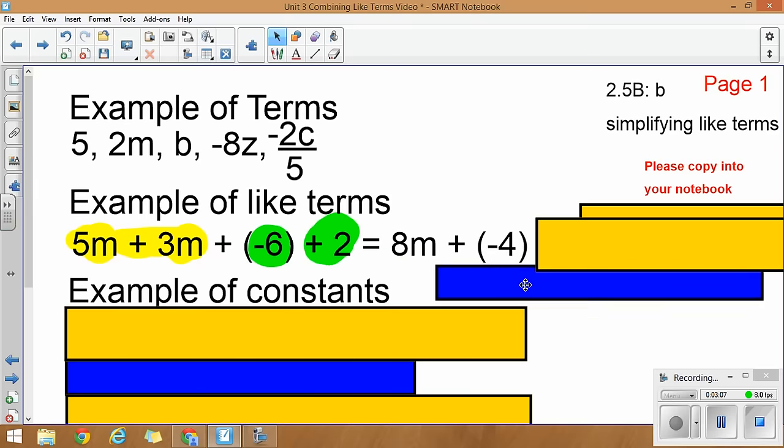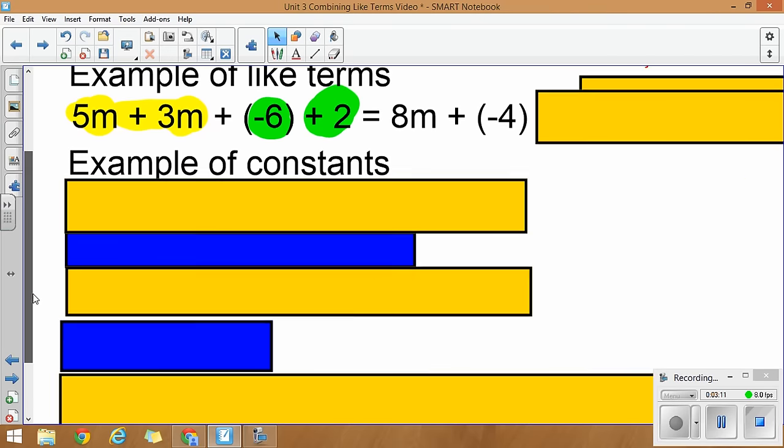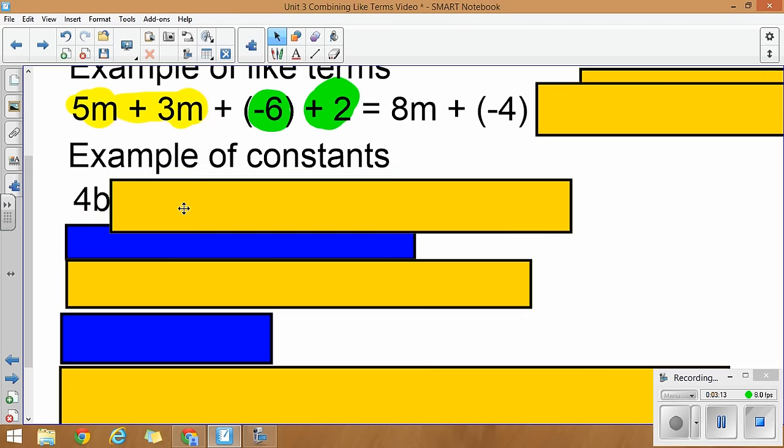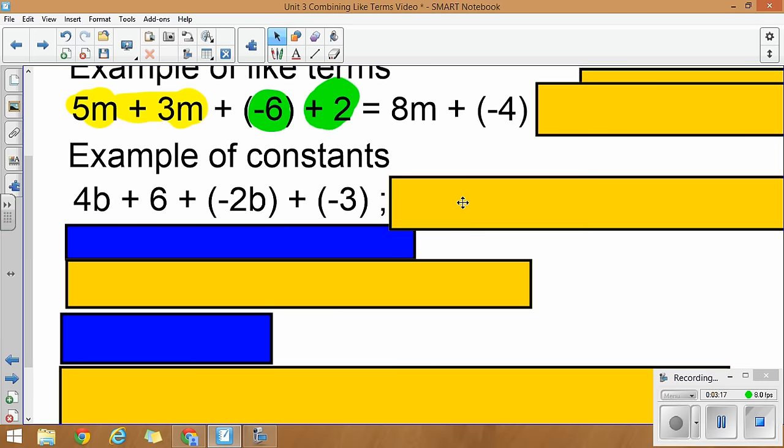Our next word is an example of constants. Okay, so copy this example down. So we have 4b plus 6 plus negative 2b plus negative 3. Now, if you take a look, you see these parentheses around the negative 2b.